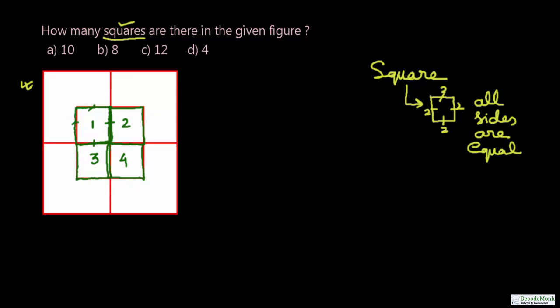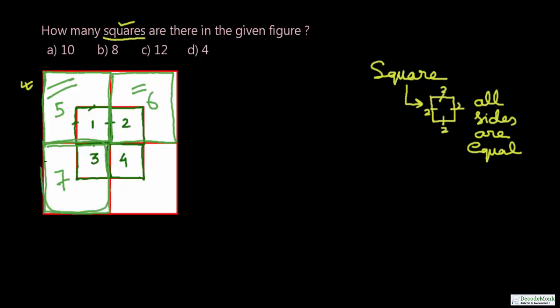Next we shall count the squares existing in the outer figure. This is the fifth. Similarly, this is the sixth square. This is the seventh square.